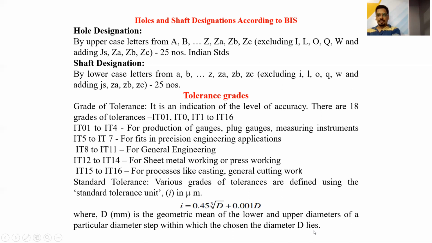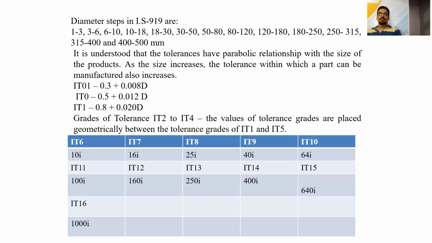I will show you in the next slide. These are the diameter steps chosen by IS 919: 1 to 3, 3 to 6, 6 to 10, and so on up to 400 to 500 mm.